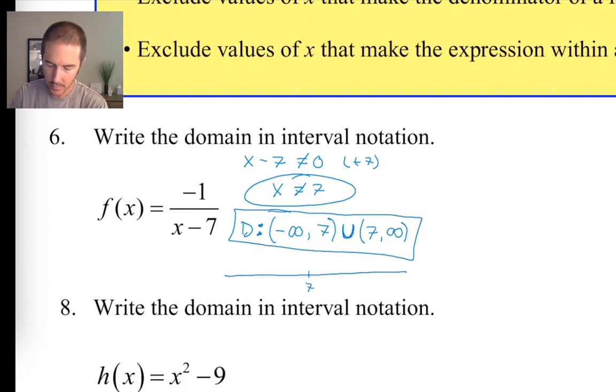If this is the number 7, I would have an open circle at the number 7, because we don't want to include 7 in our domain. And then I could shade the entire rest of the number line all the way to the left and all the way to the right. So this would be your solution if you were asked to graph the domain for f of x.